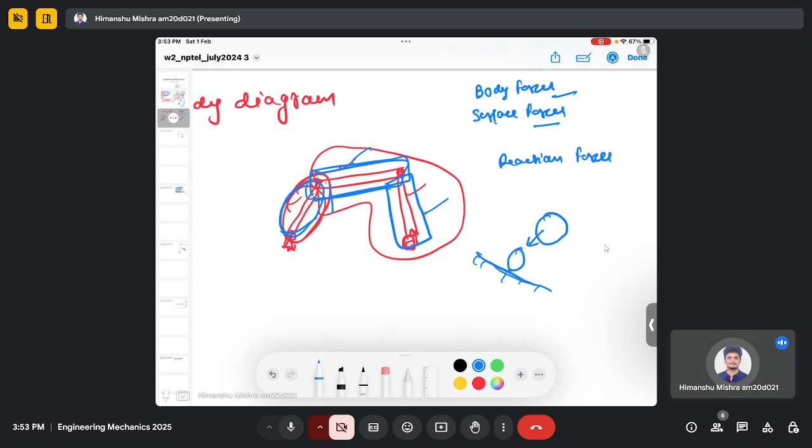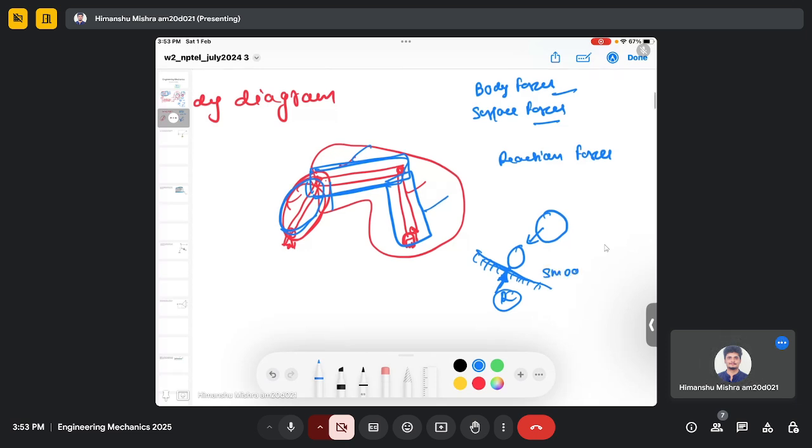When it contacts the wall, the wall will exert an equal and opposite reaction force R. If I assume that my wall is smooth, then it will exert a reaction force R. So for a smooth wall, when I ignore the friction, the body will experience a reaction force R from the wall, which is in the opposite direction but equal in magnitude.